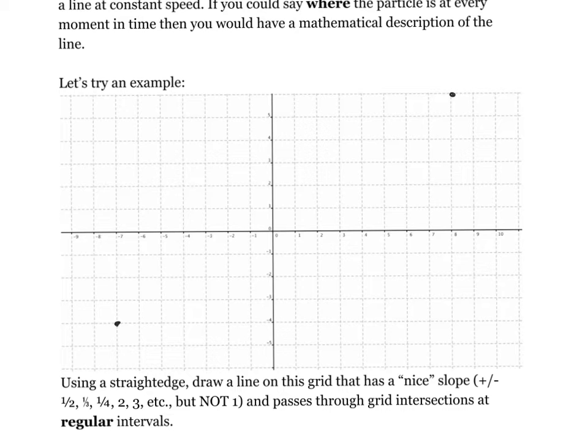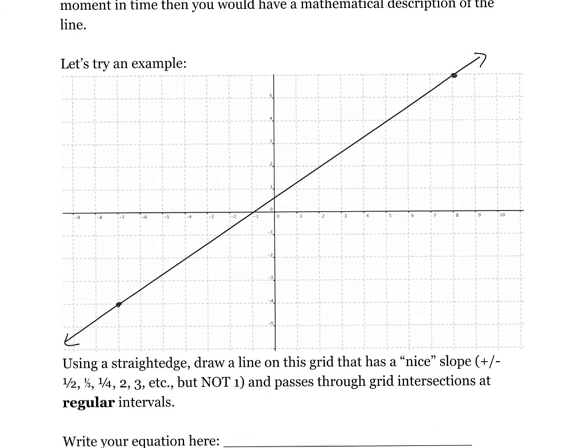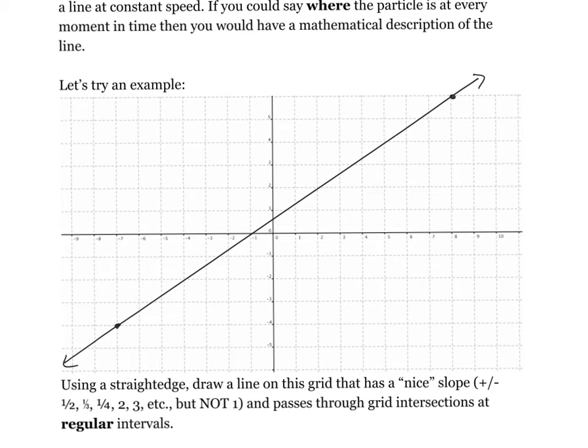Use lines that have a nice rational slope so that your line will pass through grid intersections at a regular interval, and that's convenient. Good. So I've drawn a line here.